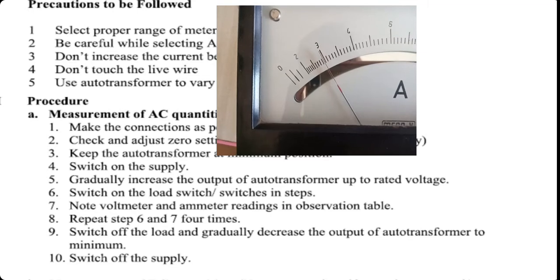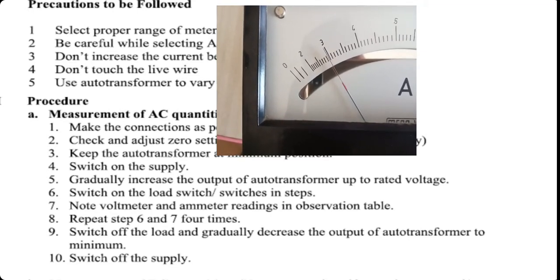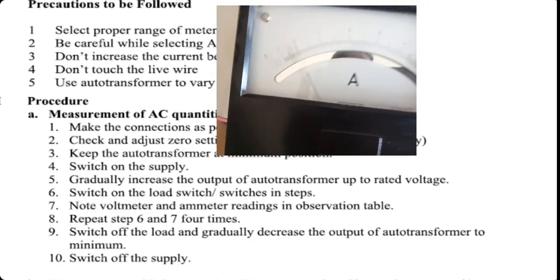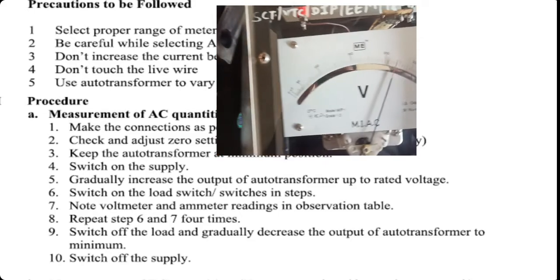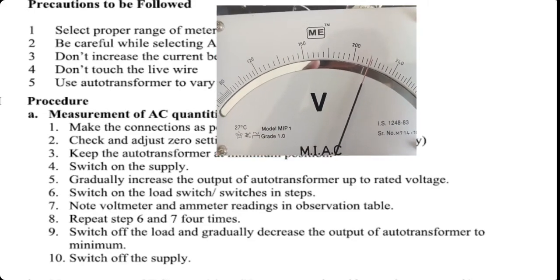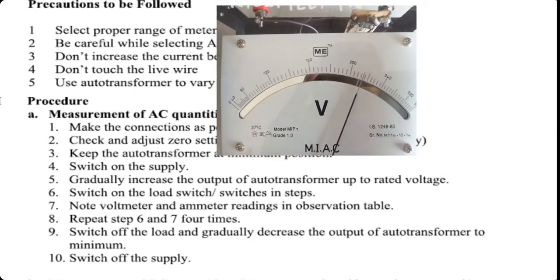Now the ammeter shows, in the exact mirror image, near about 3 ampere, about 2.99 ampere, and the voltmeter slightly decreased from 222 to 218 volt.